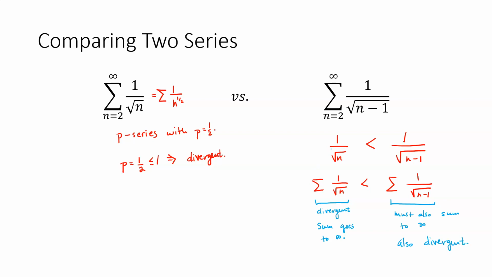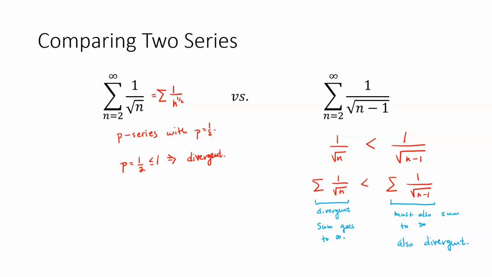So you see the argument was mostly directly comparing the terms of one series to another, where we know something about one of those series. If the other series has bigger terms than something that we know is divergent, then it must also diverge.